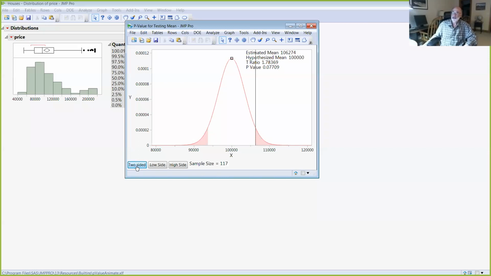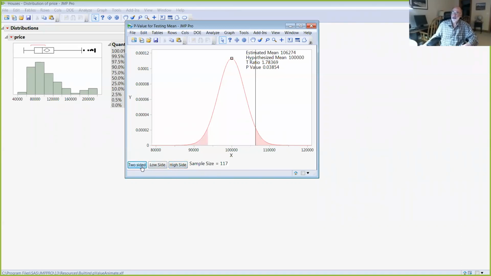That's the two-sided hypothesis test, p-value 0.07709. On the low side, that level or lower, this could be 100,000 or less, is the one-sided p-value here of 3.8%, just this area.